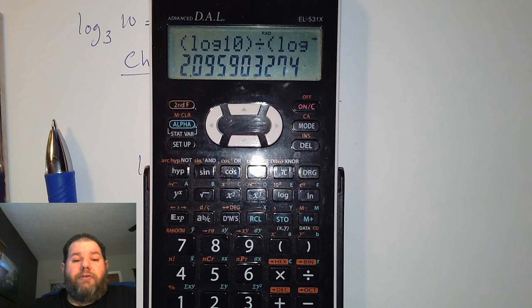Other calculators, as I discovered in my algebra class, will not work correctly without the parentheses. So you may or may not need to include parentheses, but again, this is why we practice it. We figure out these different aspects that we'll have to know how to use. And so this works out to be 2.096 after we round.